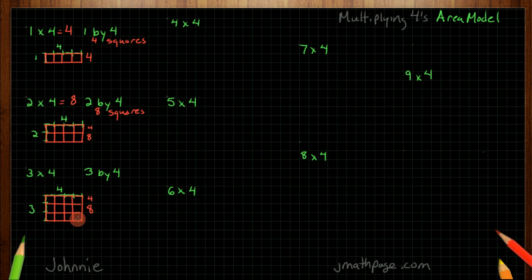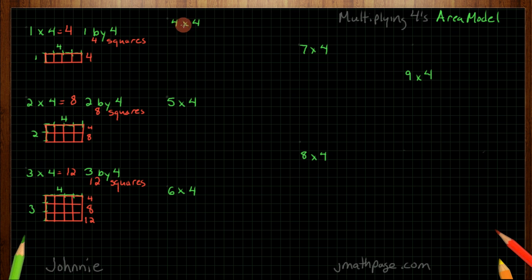So let's add the last row to our 8. 8, 9, 10, 11, 12. 12 altogether. So that tells us that a 3 by 4 rectangle has an area of 12 squares. That's how many squares fit inside. 12 squares. That also tells us that 3 times 4 equals 12. All right?